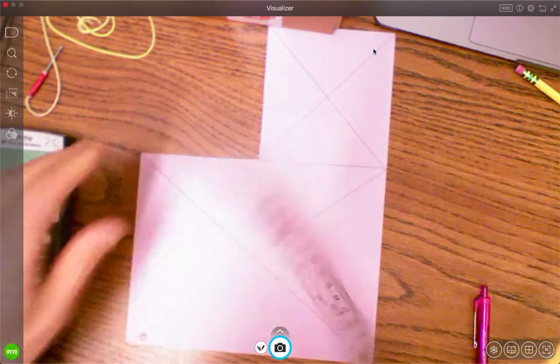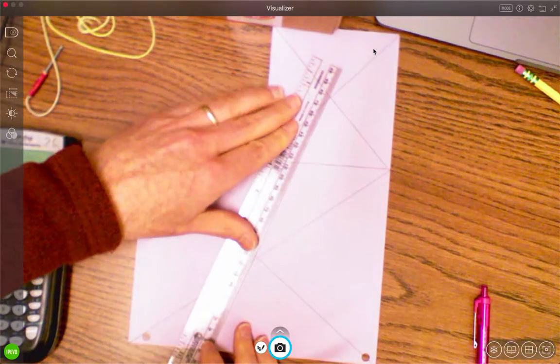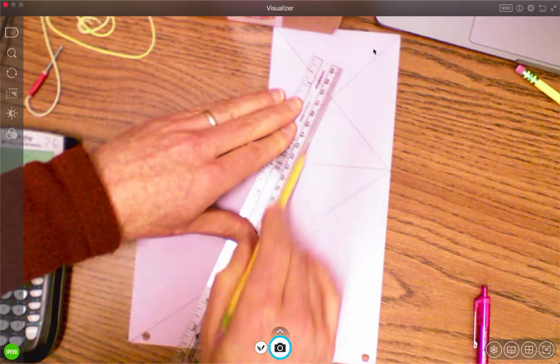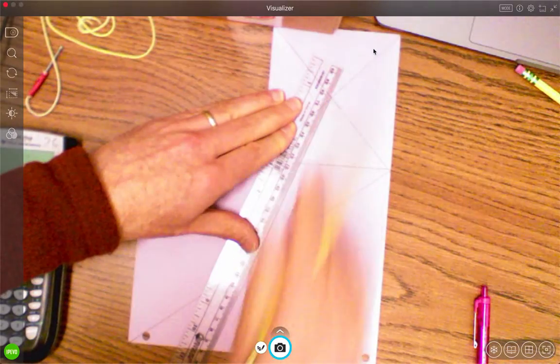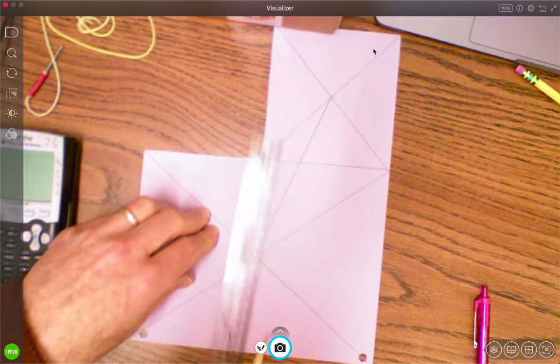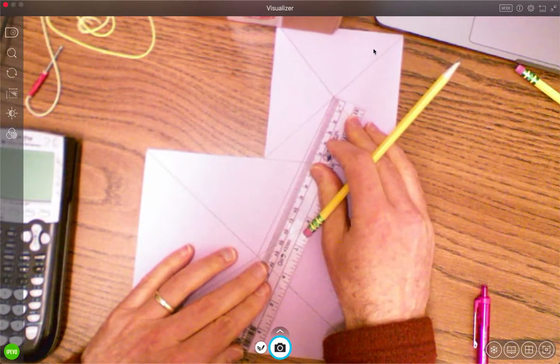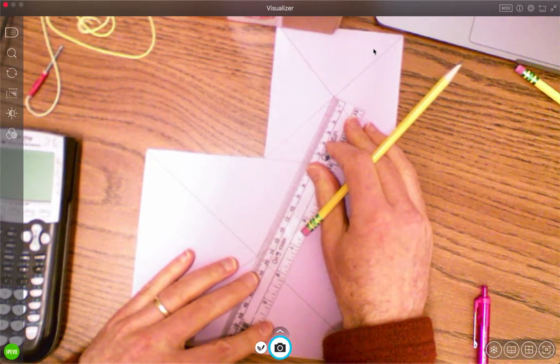Okay, so the center of mass lies on this line somewhere, right? Like that. And that line right there, I'm going to measure, and you got to do this. How far is that?